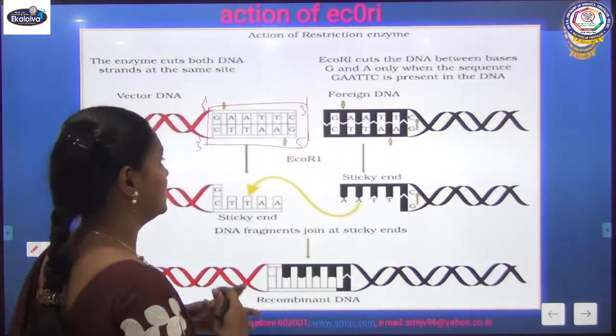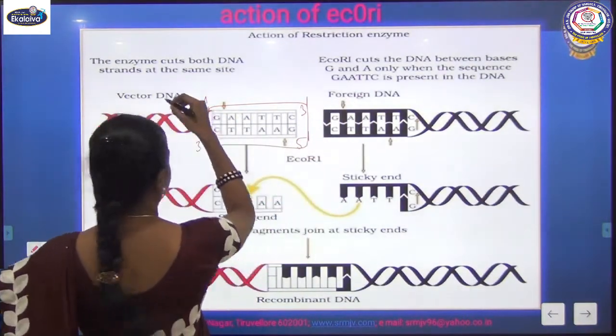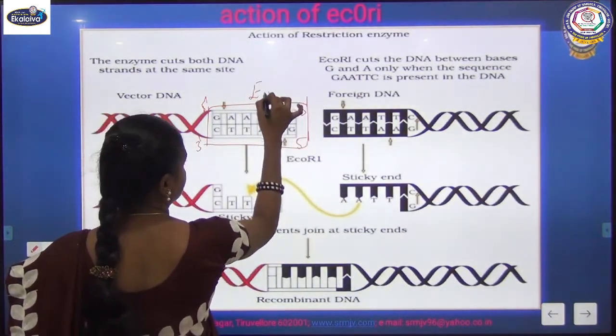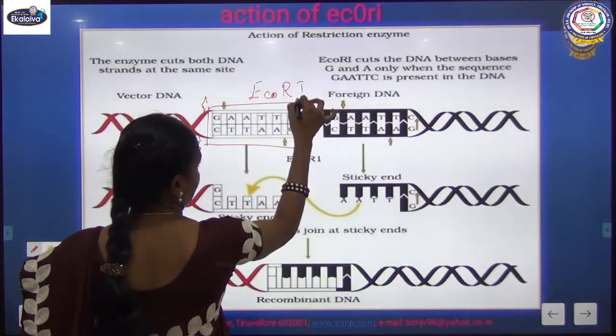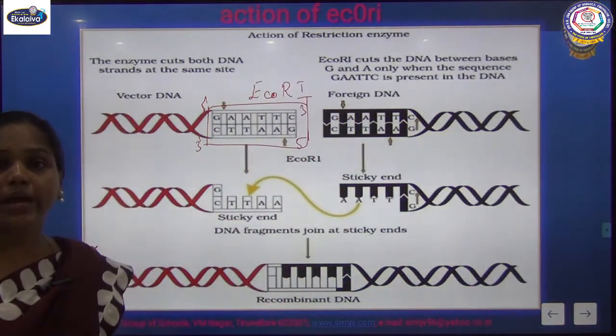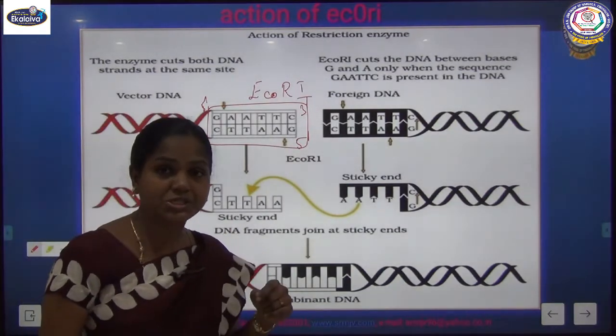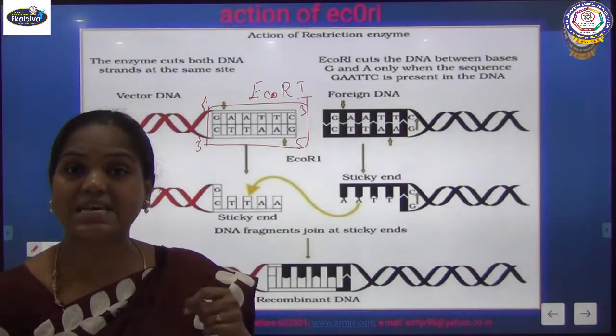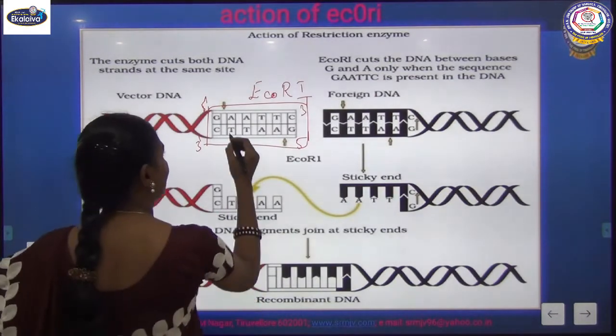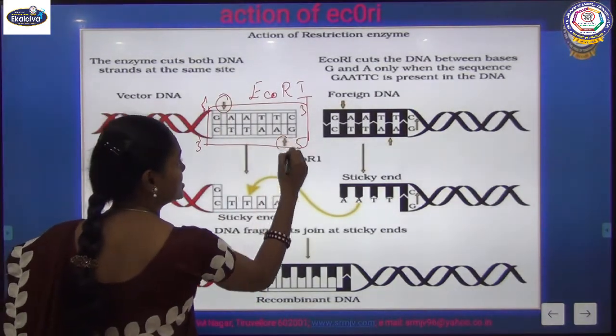Here our foreign DNA and the vector DNA are both treated with the restriction enzyme called EcoRI, and you know that EcoRI is a restriction enzyme which produces a sticky end. It makes exactly a cut in this place.